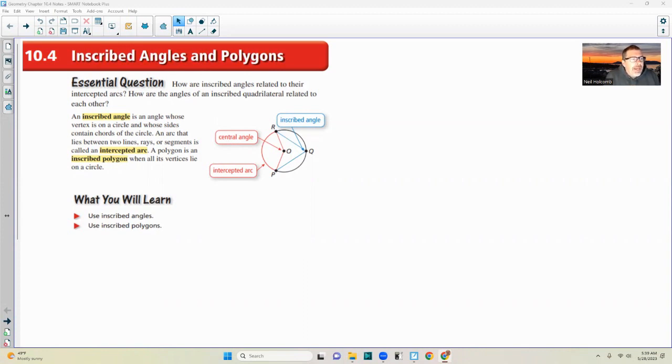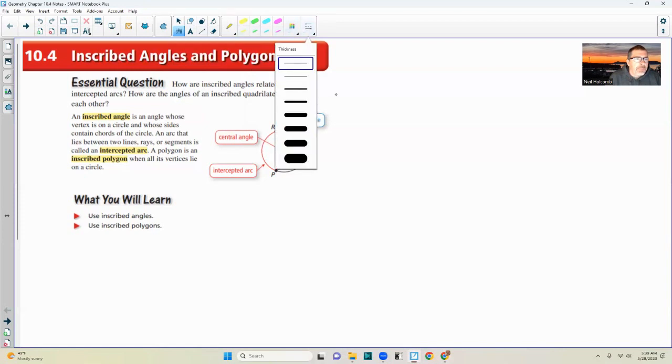So an inscribed angle is an angle whose vertex is on the circle. So let me just highlight that. Q is right here. Its vertex is on the circle.